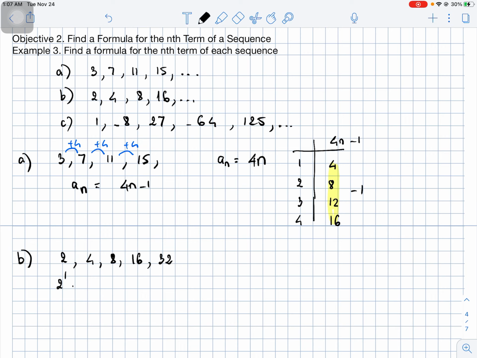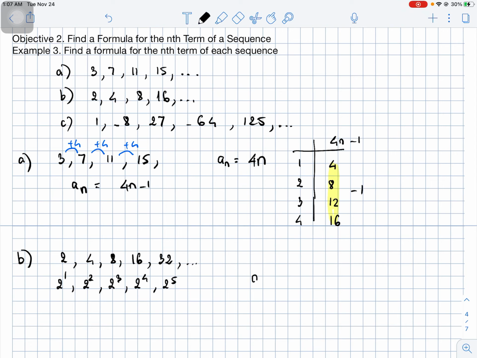I'm going to write 2 to the 1, 2 squared, 2 cubed, 2 to the 4th, and 2 to the 5th. What we see is that the base is 2, 2, 2, 2, 2. The exponents are 1, 2, 3, 4, 5.